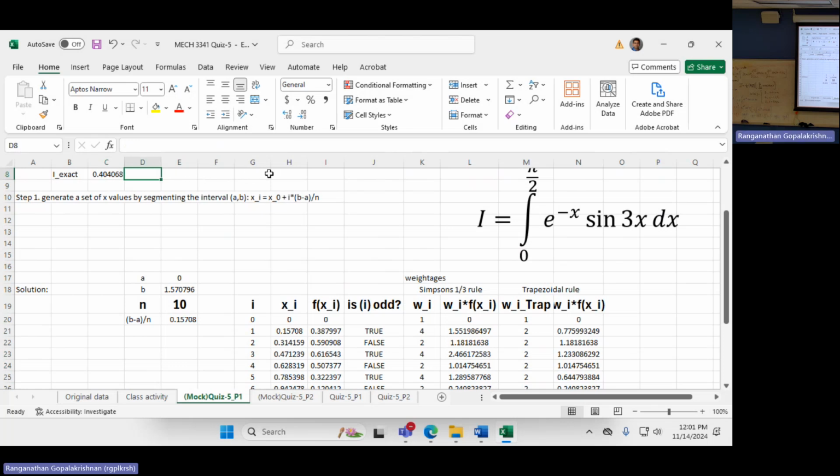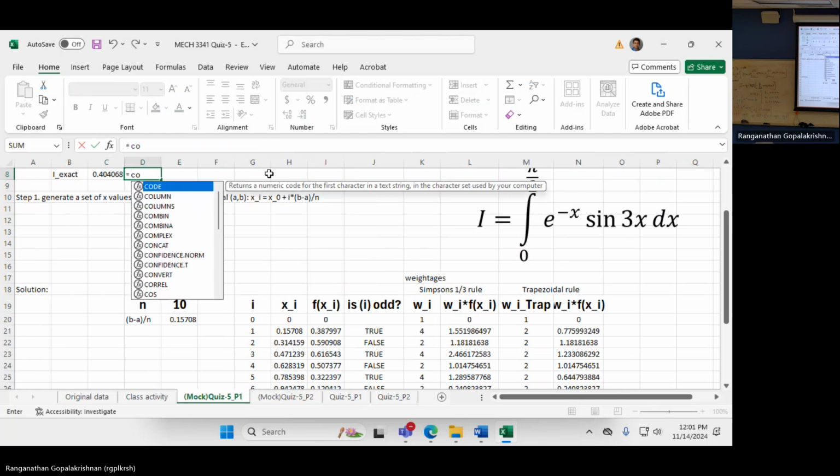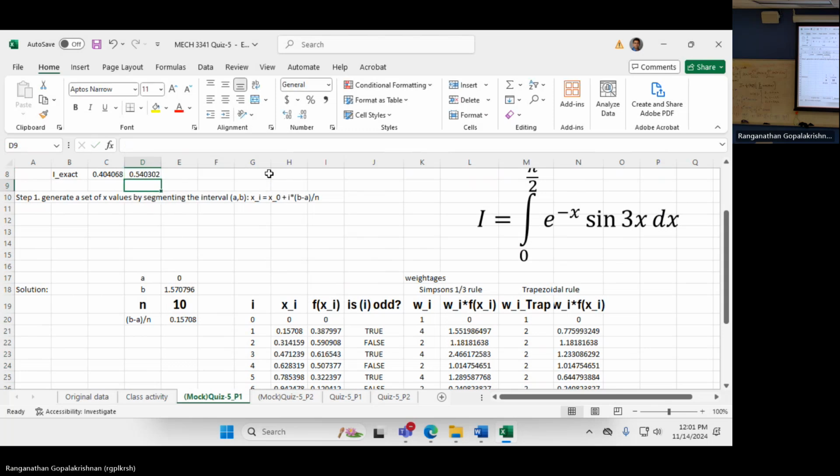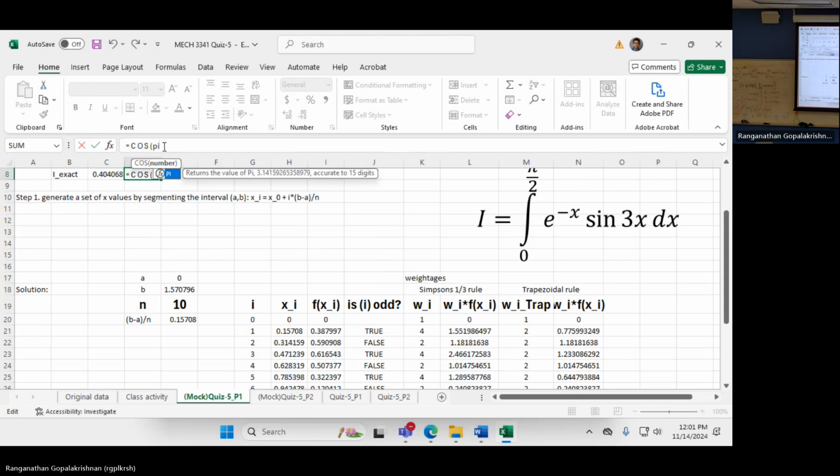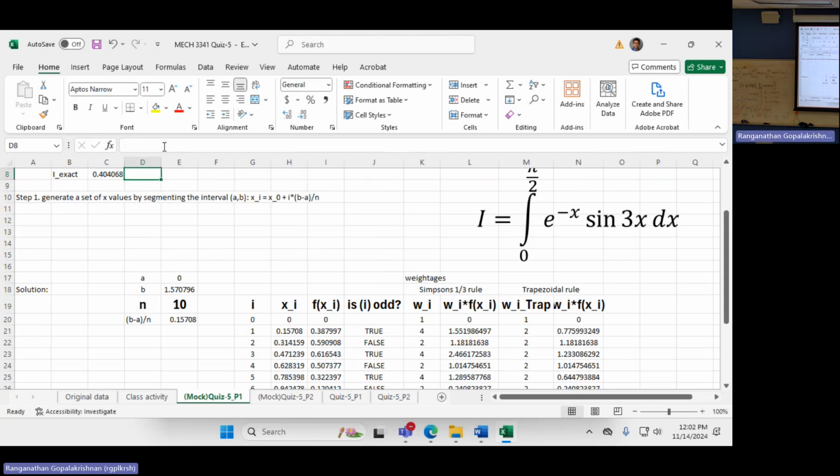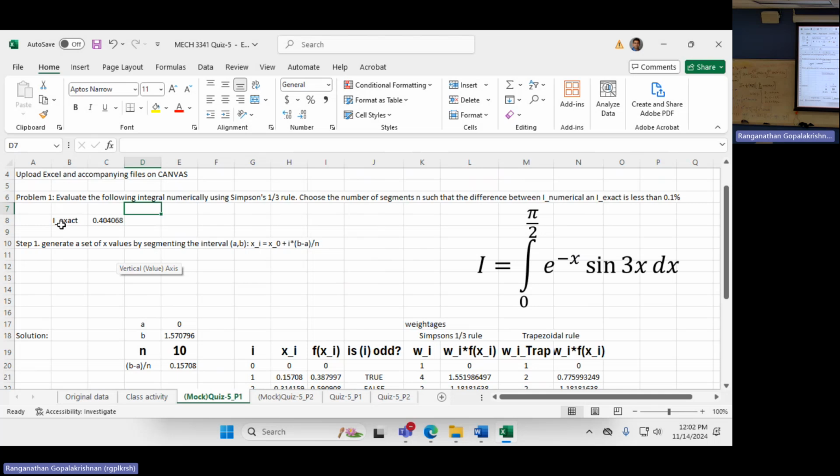Okay, good. So I think the exact value is 0.404068. Is anybody getting different values?